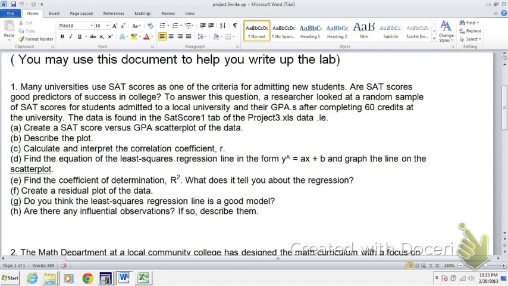And I'll give you a big hint. Your author says that influential observations typically exist when the point is an outlier relative to the values of the explanatory variable. So it's kind of like when you have an outlier in the x direction. So I'm going to let you be creative and look back at the initial scatter plot to answer that one. Okay? And I'm going to head on to number 2.